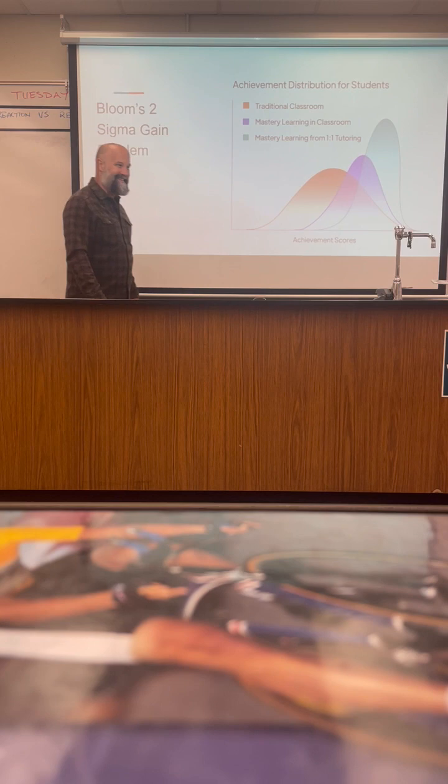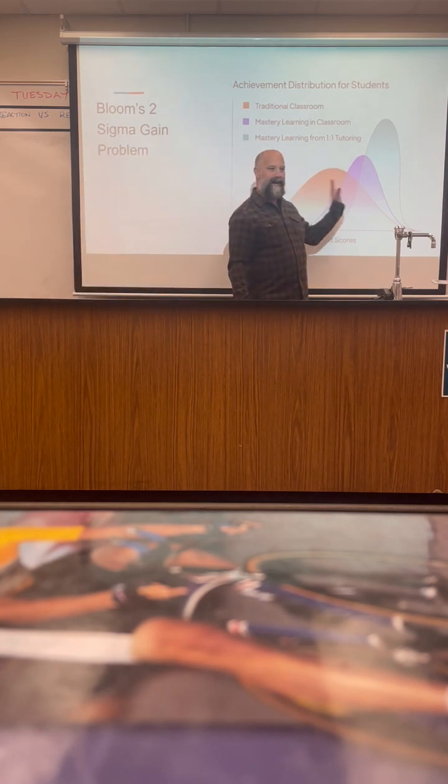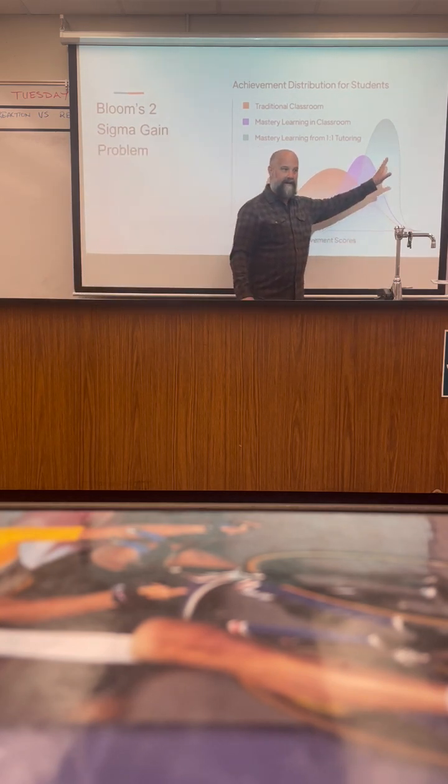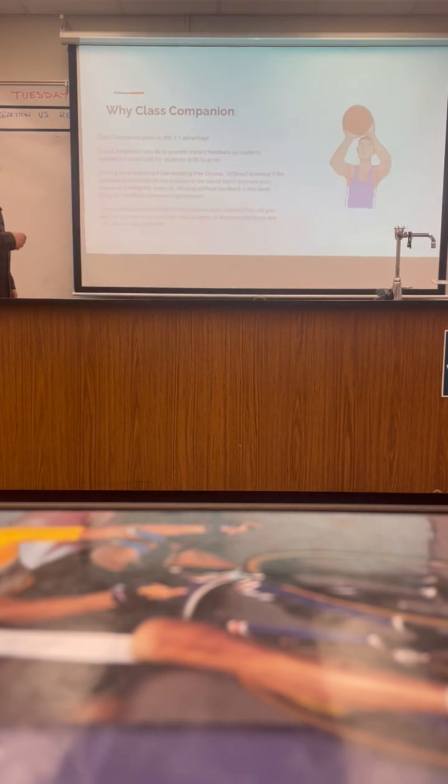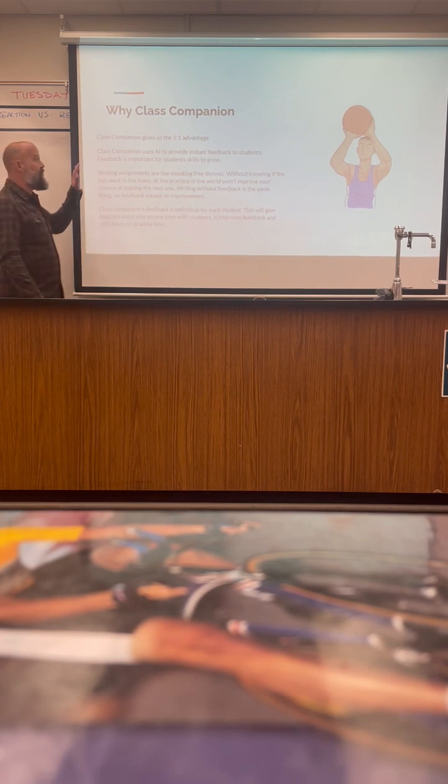The problem is, how do we design our classrooms to look like this and less like this? So how do we get to that one-on-one? And that's where Class Companion comes in. Class Companion gives us that one-to-one advantage. Class Companion uses the AI to provide instant feedback for students. And the feedback is the important piece for student growth.